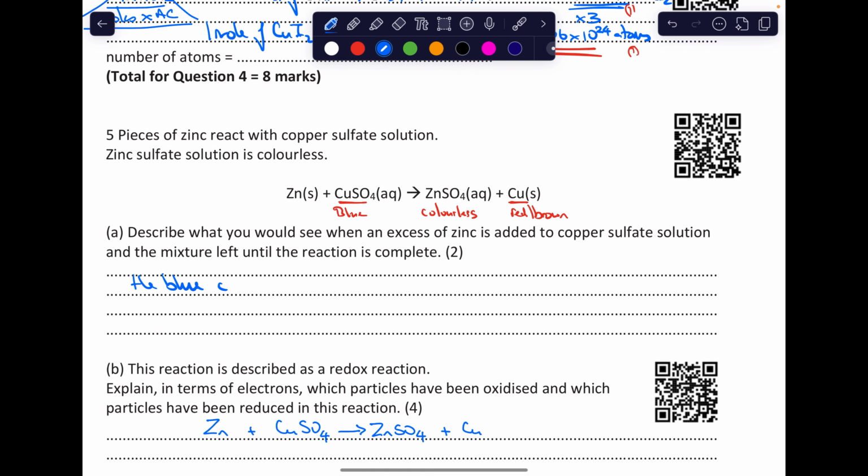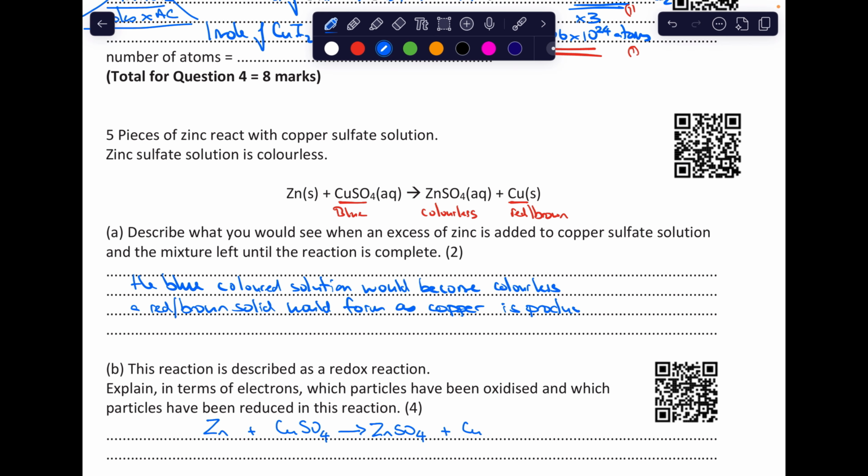The blue coloured solution would become colourless, and then we'd also see a red-brown solid would form as copper is produced. And there's 2 marks for that question, so we're going to get 1 mark here and 1 mark there.